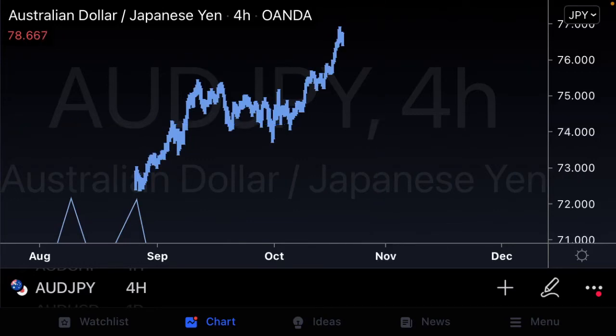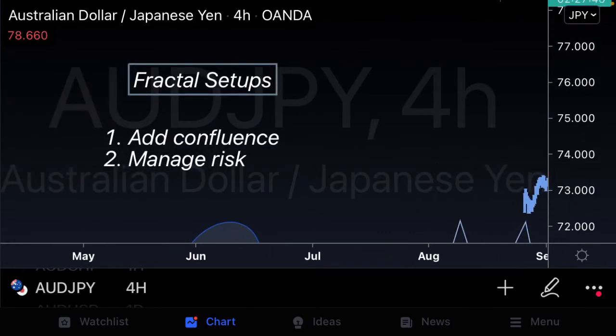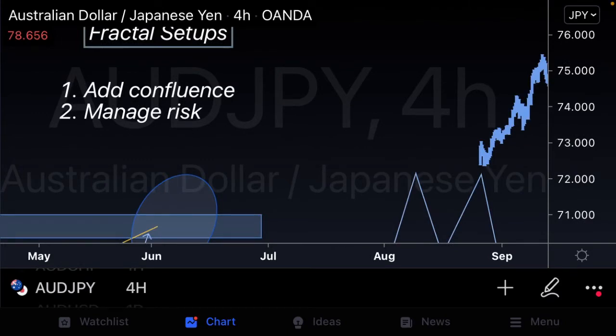And with us mentioning that, we bring in the importance of understanding and being specific about the time frames that we're looking at. Why? Because we're going to be taking different pieces of information from different time frames.